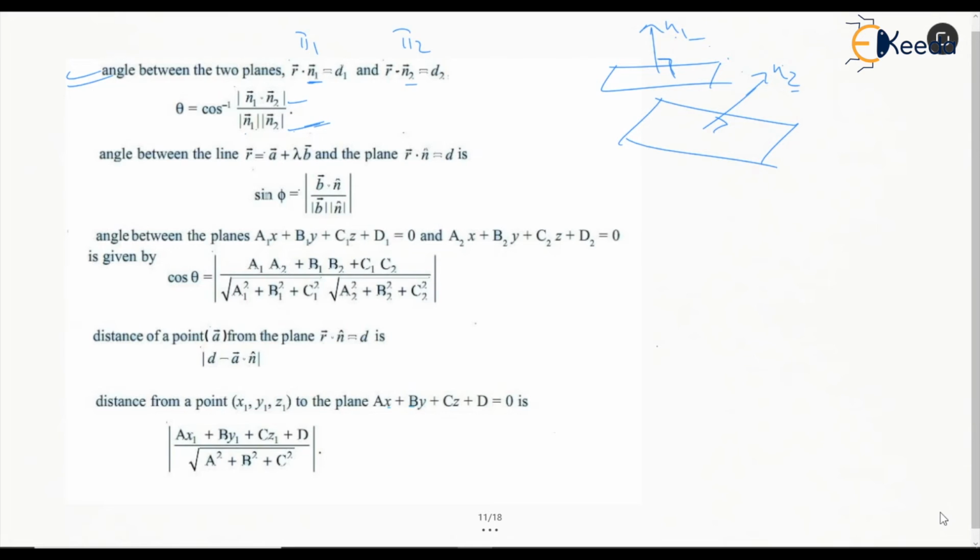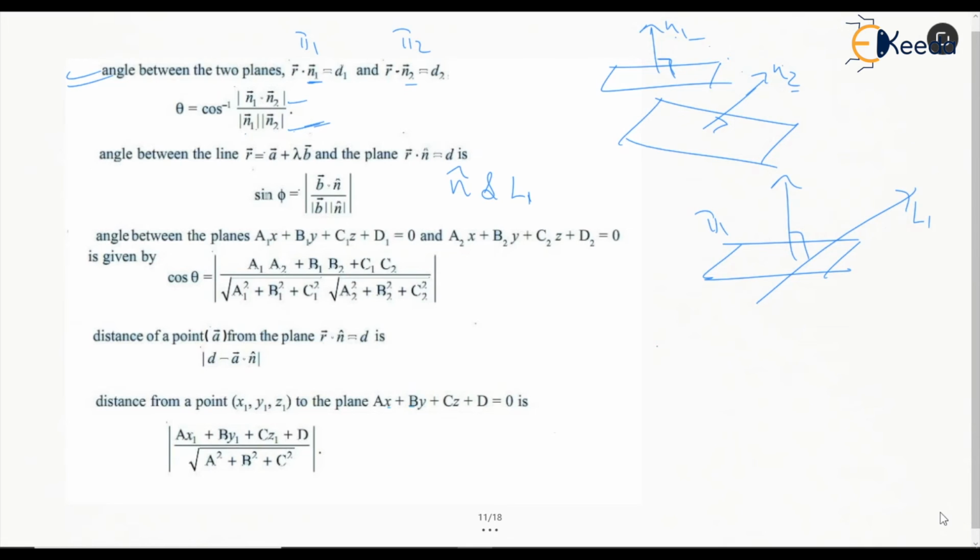And what if we need the line and plane angle? Now the normal vector will be perpendicular to the plane, but what if there is a line? This is line L1, this is plane pi 1. In that case, we can make an angle between the normal and the line L1, but this is not going to be the angle between the plane and the line, right? Why?